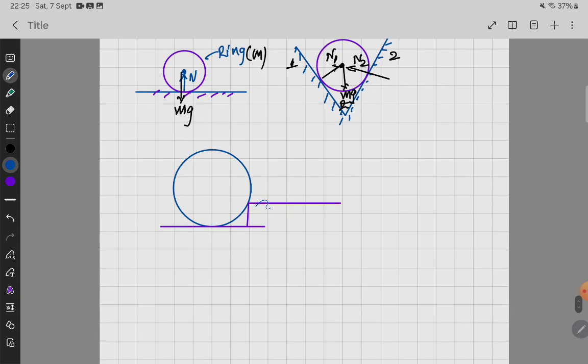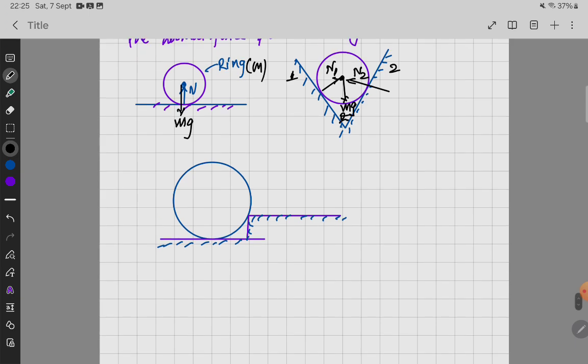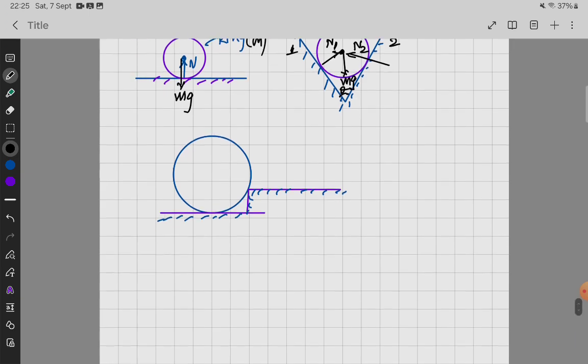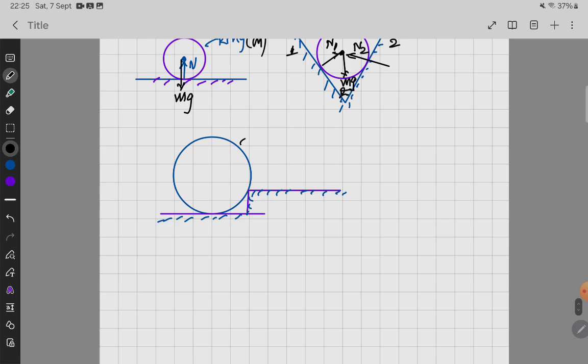Like this. This is surface. Now I have to draw the free body diagram of this sphere or ring. It has mass m, right? So here, this surface is 1, here surface number 2.